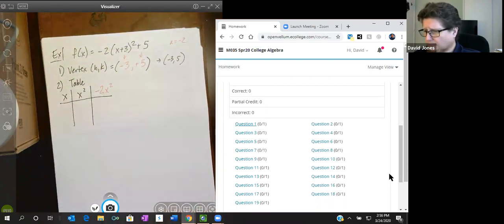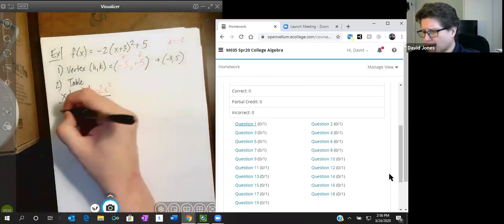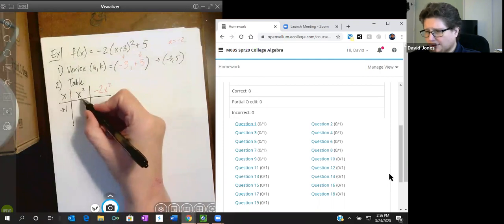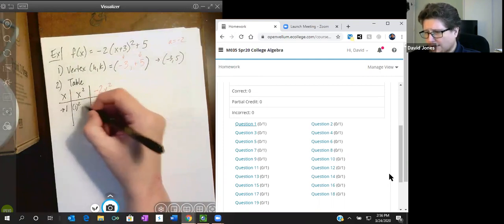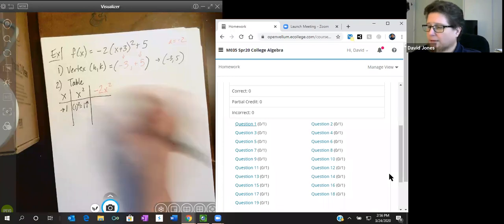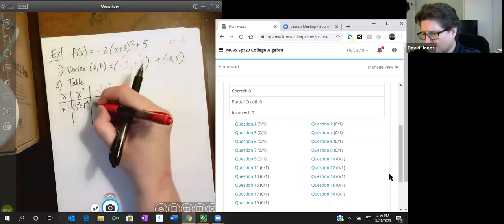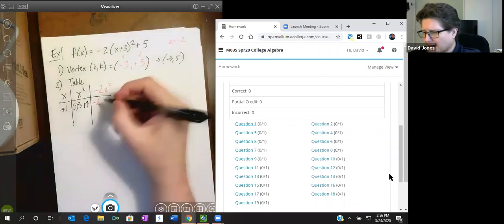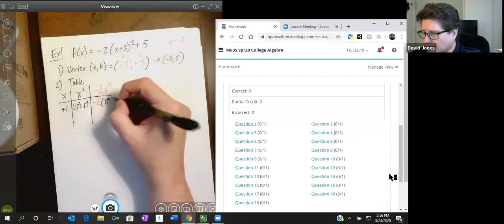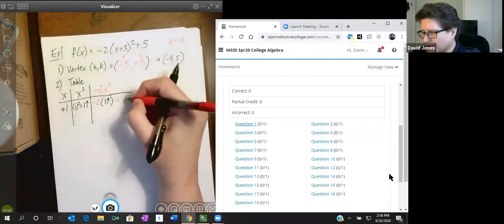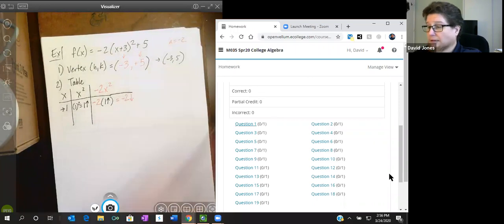If I go right 1, I square 1. 1 squared is 1, and I'm going to go up 1. And that's x squared. So what this next part of the table is saying is do -2 times that up 1. And I get -2, which is down.